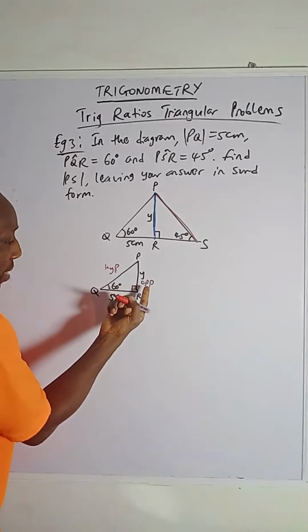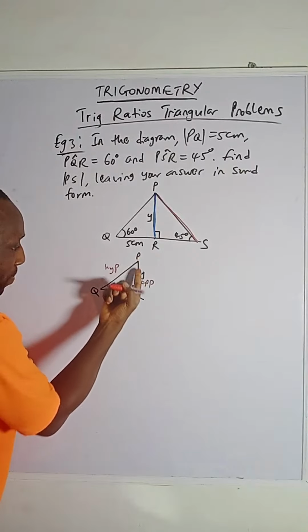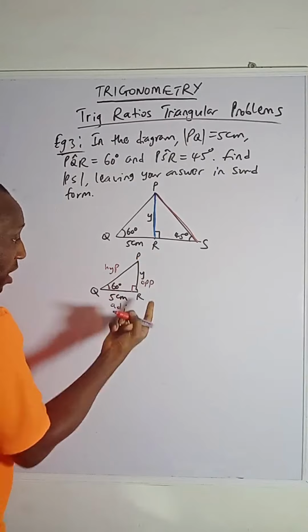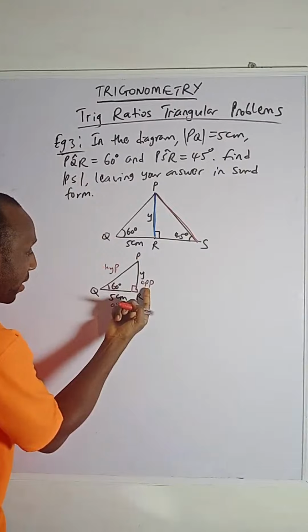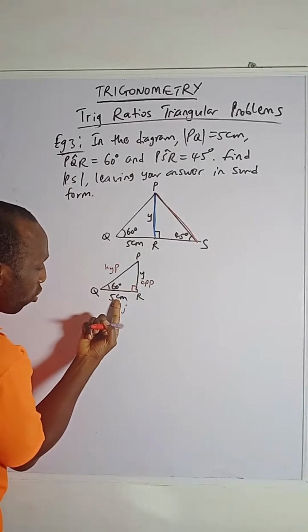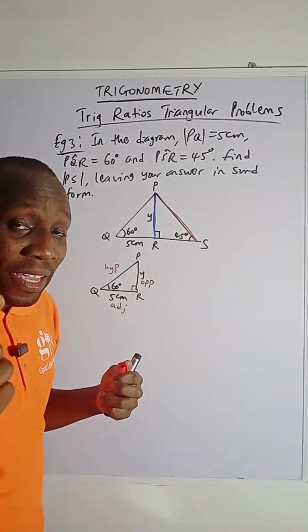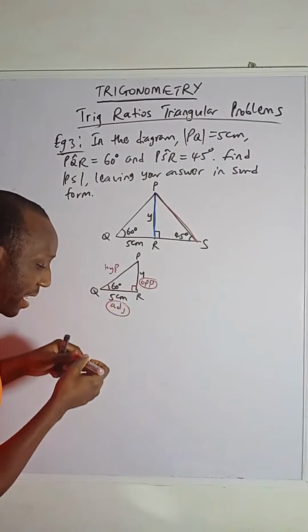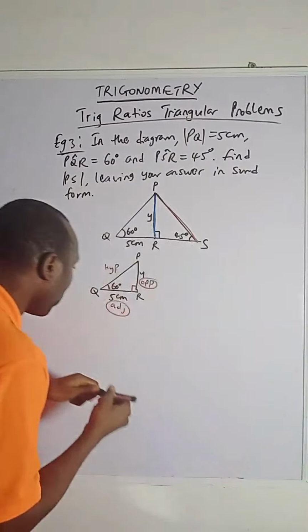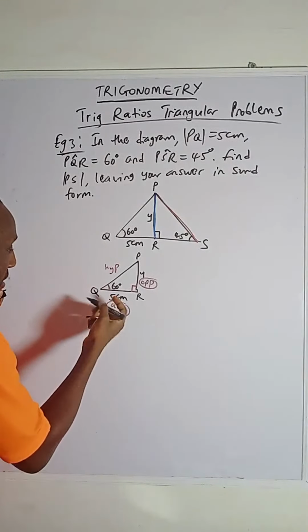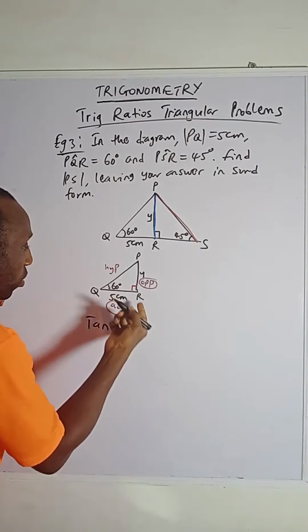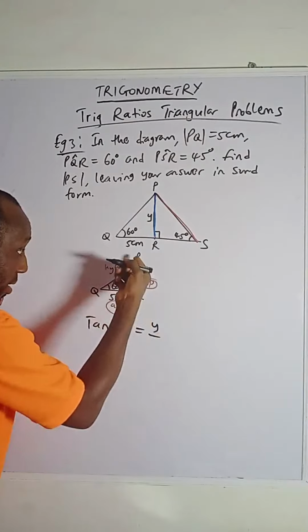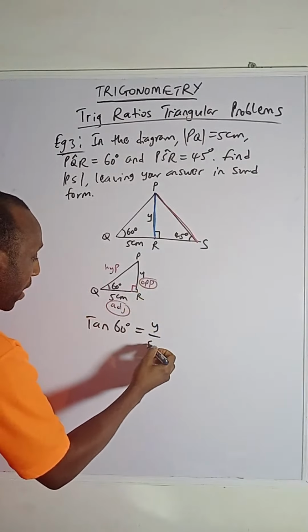So for me to get side PR, I'm going to use the opposite because that's what I need to get, and then the adjacent, because I know the adjacent side, the 5 centimeters. So opposite over adjacent is tan. So tan 60 degrees is equal to opposite, which is Y, side PR, over 5 centimeters.